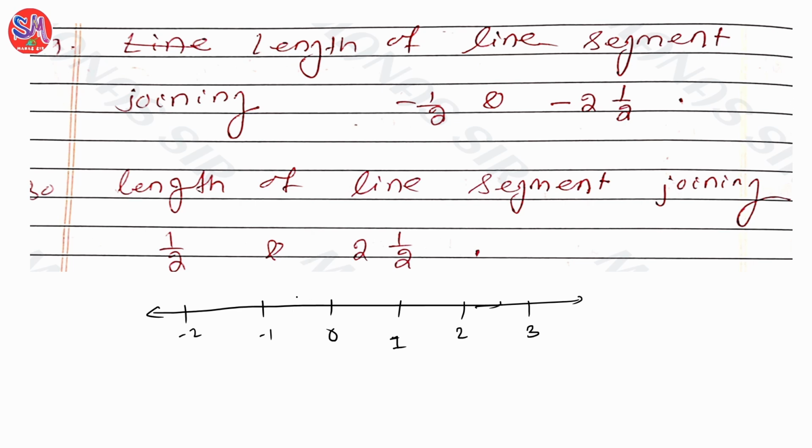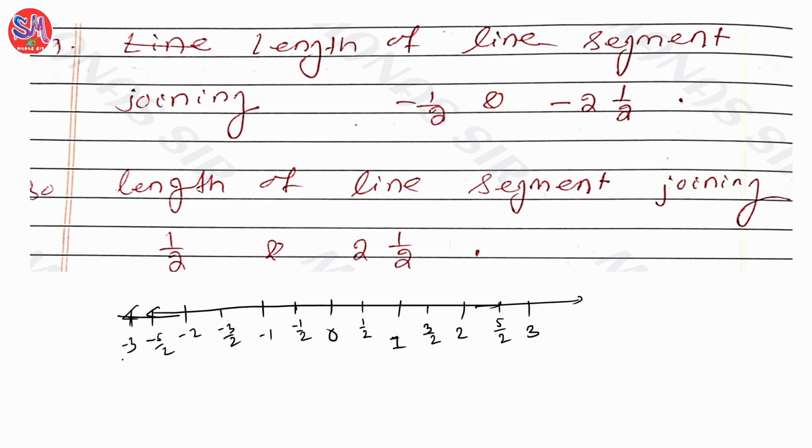Here is minus 1 by 2. Here is plus 1 by 2. Here is 3 by 2. Here is 5 by 2. Here is minus 3 by 2. And here is minus 5 by 2.